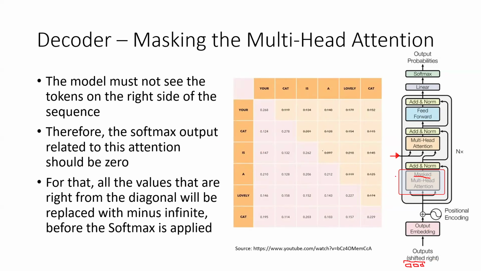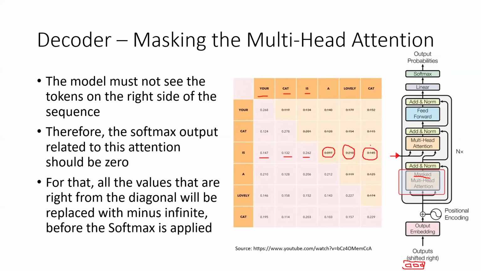That means, for example, if there are three tokens, "your cat is", if these are the three tokens that are there in this input, we have to mask other tokens that should be coming after, so that they are not learned by this decoder, right?